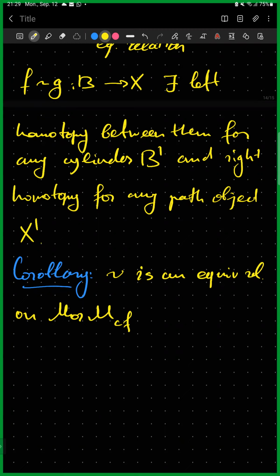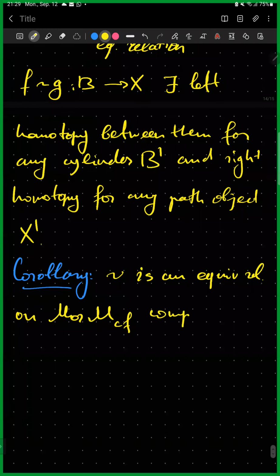So we've proven that if we compose two homotopic morphisms with another morphism in arbitrary order for fibrant and cofibrant objects, they remain homotopic, which means that it is compatible with composition.